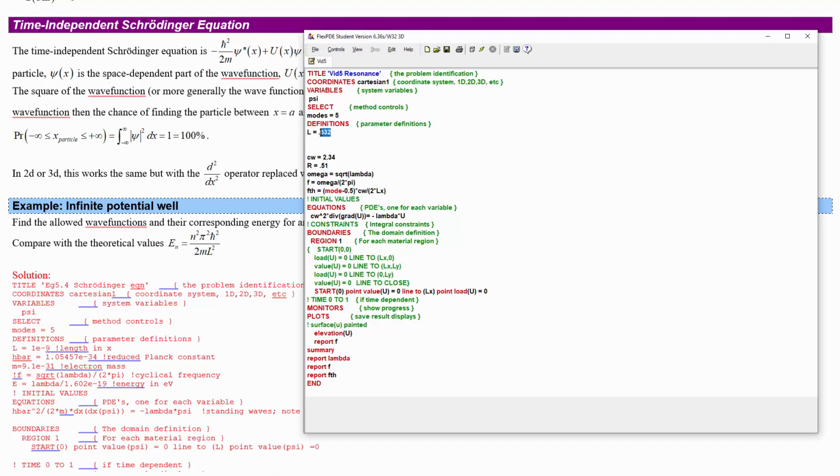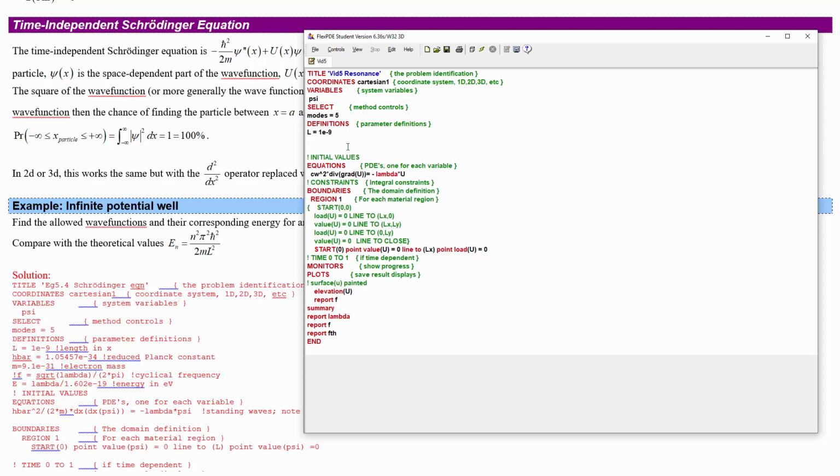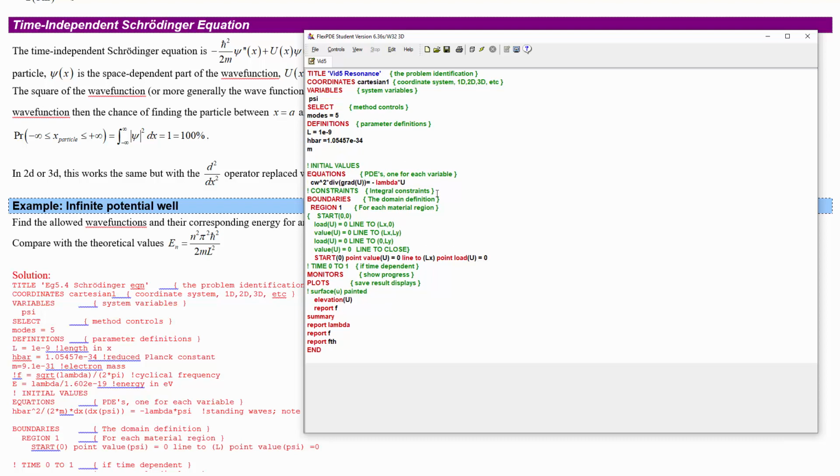So we've got L is 1 e minus 9. We don't have a wave speed anymore. Instead of this, we are going to be specifying the Planck constant. H bar is 1.05457 e minus 34. And the mass of an electron is 9.1 e minus 31.